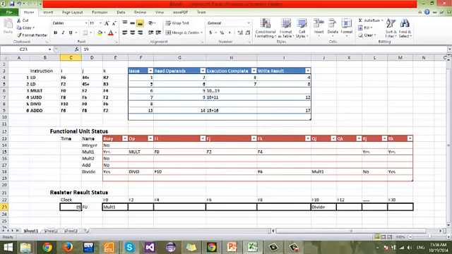What will happen in clock cycle 20? In clock cycle 20, mult will go to the write result status.